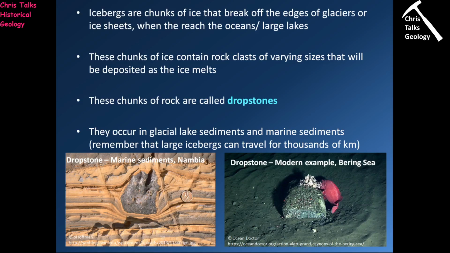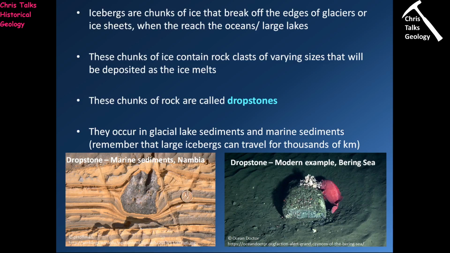Now, the icebergs themselves don't just consist of pieces of ice. There's going to be sediment mixed in with that ice. And so as your iceberg moves away, it will steadily start to melt, and as it melts, these pieces of rock will fall out of the ice. Now, most of this material will just tend to be quite fine material, sand, silts and clays, so nothing particularly interesting.